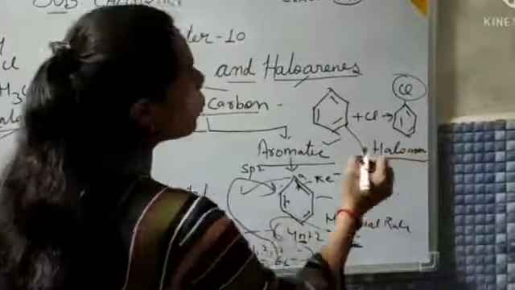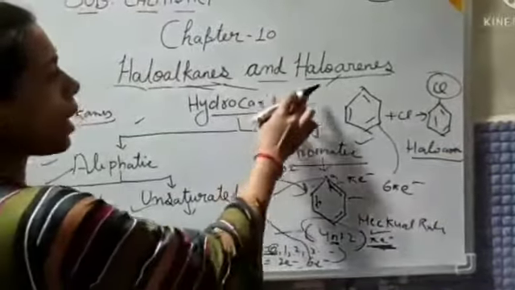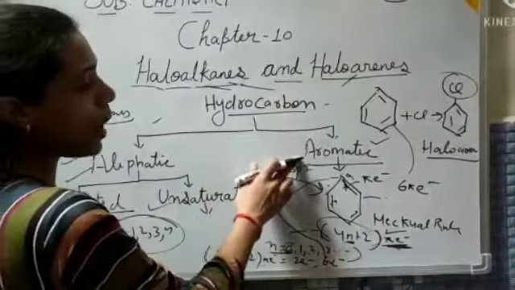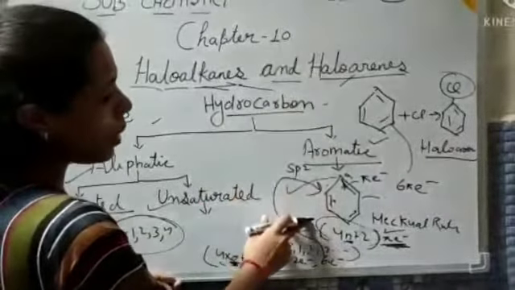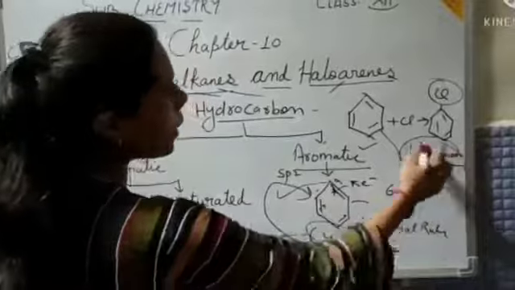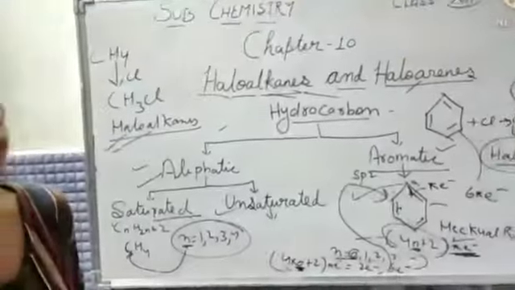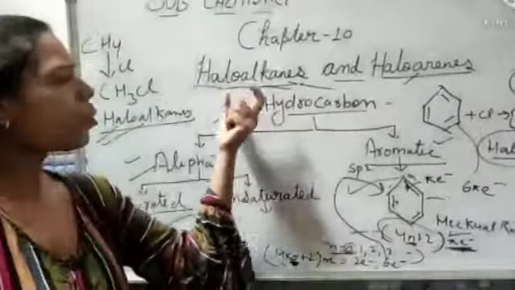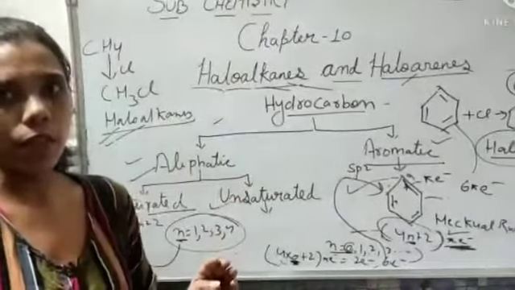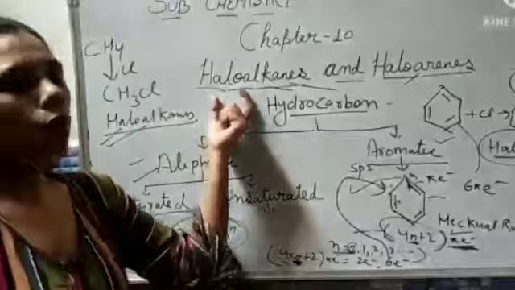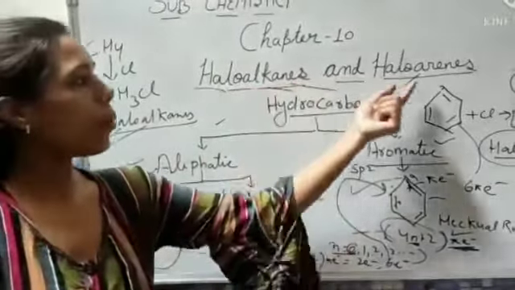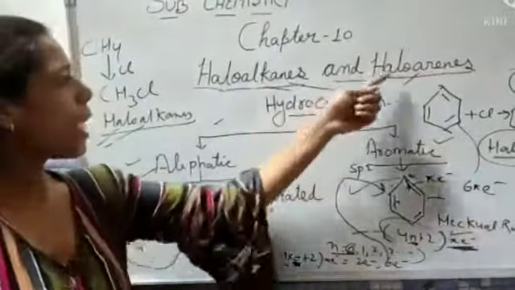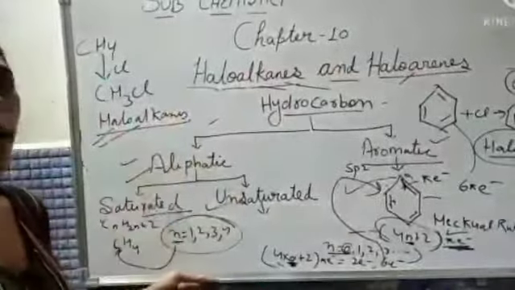So I think you have understood where haloarenes come from. In the aromatic category the haloarenes come. I think this is clear in your mind, students. We have talked about the general basic things about hydrocarbons and started the introduction. Then what haloalkanes mean, what haloarenes mean, and from where these words are derived.